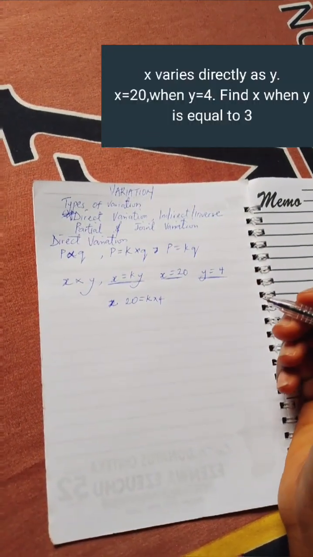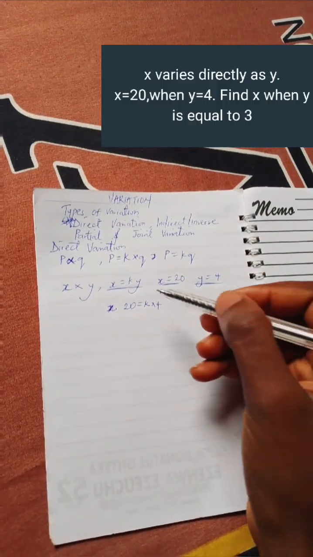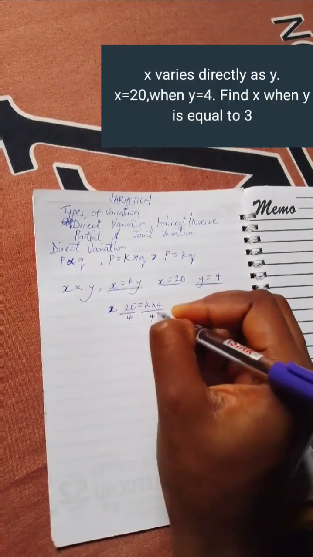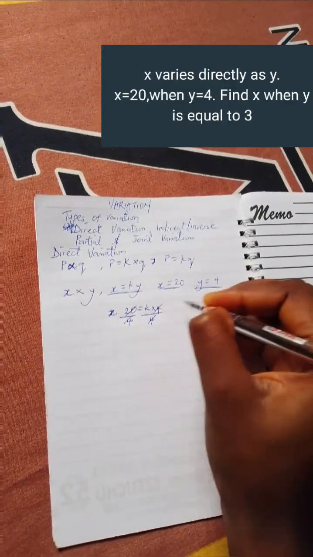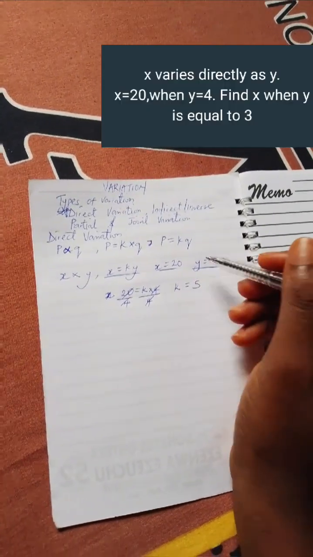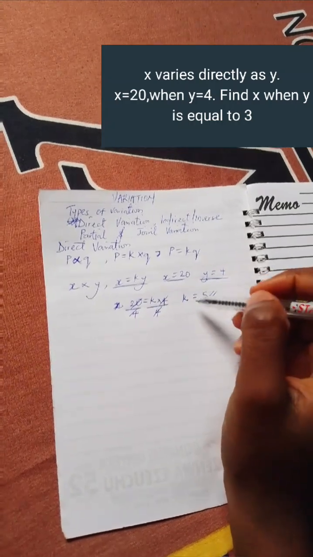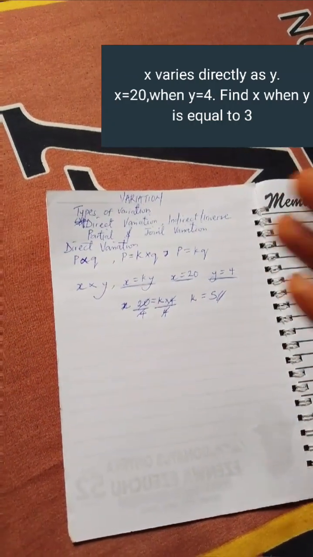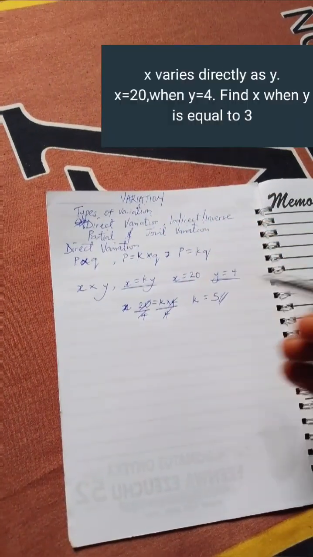So all I have to do is divide by the coefficient of the unknown, which is the constant. I'll divide here by 4, divide here by 4. So my k, which is the constant, is equal to 5. And this constant is what I'm going to be using to solve other questions in this particular question.